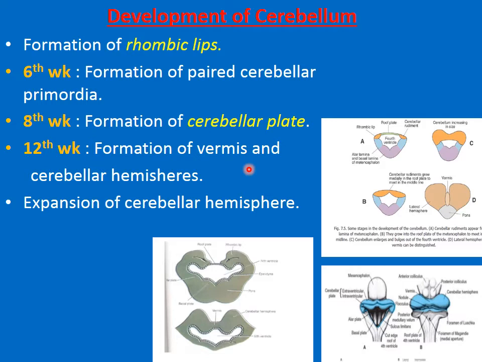At the end of the 12th week, the cerebellar plate consists of a narrow portion which is called the vermis and the two expanded portions which are called the cerebellar hemispheres.